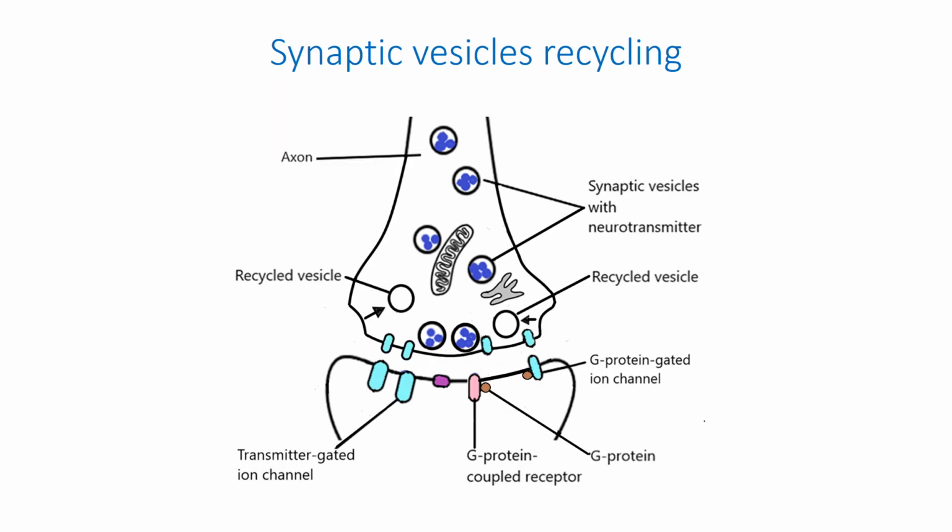To support high rates of transmitter release, synapses require a constant supply of neurotransmitter-filled synaptic vesicles. Synthesis of synaptic vesicles in the perikarya and axonal transport to synapses is too slow.